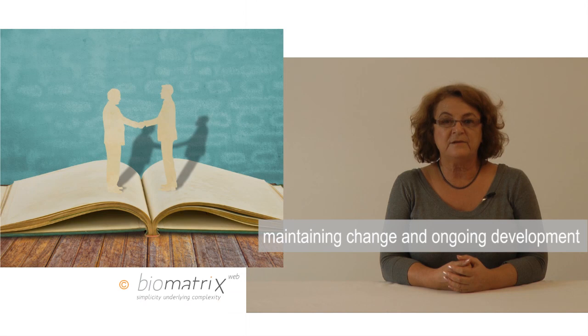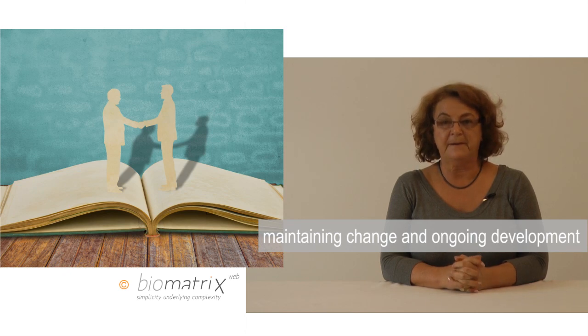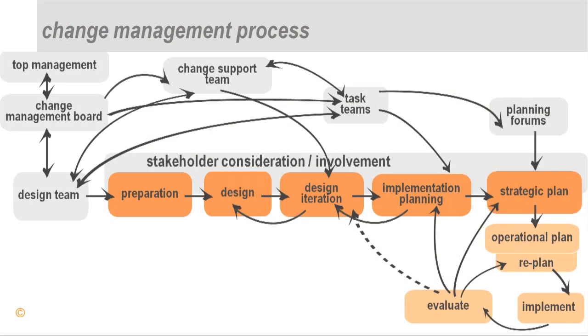This figure illustrates the change management process that we have been discussing in part 3. It shows the different phases of the change management process. Those are the orange boxes. It also shows the roles involved in the change management process, illustrated by the gray boxes. The arrows show how they interface with each other.